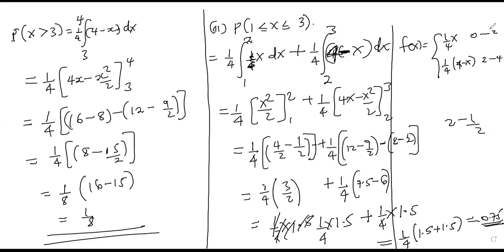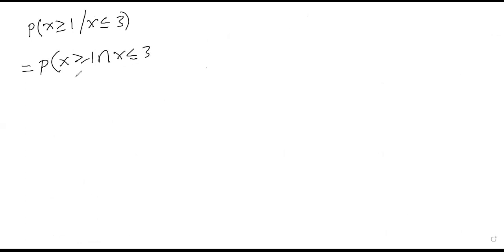Finally, they want us to find the probability of x greater or equal to 1 given x less or equal to 3. This is going to be probability of x greater or equal to 1 intersection x less or equal to 3 over probability of x less or equal to 3.